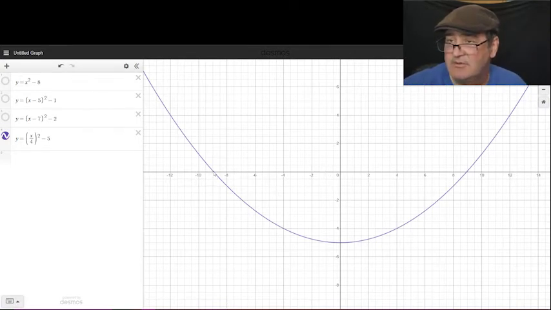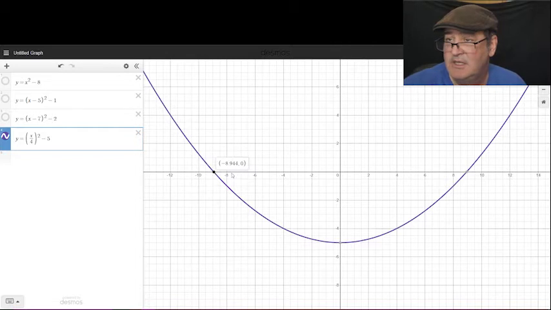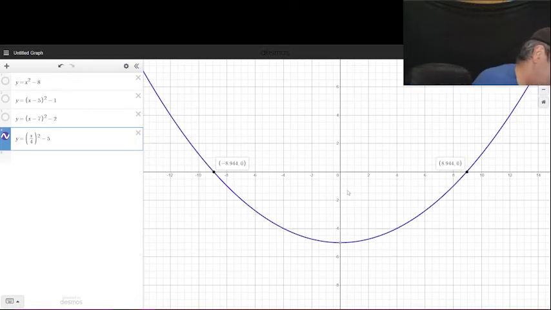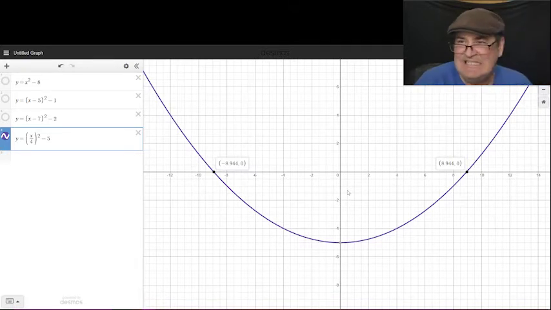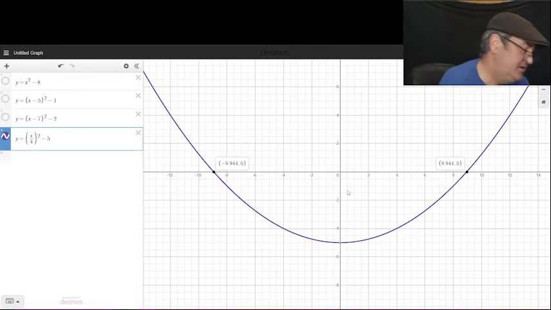So here's 1, 0. And negative 8.944 and positive 8.944, so plus or minus 8.944. That kind of looks irrational, like maybe that's a rounded decimal. We're going to guess on that.